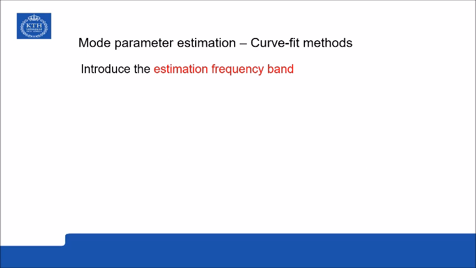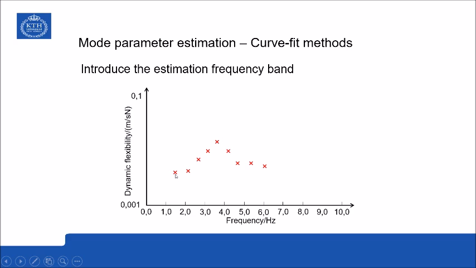In order to find out what we mean by this, we have to introduce an estimation frequency band. The red crosses here show our measured data, actually the measured absolute value, the magnitude of the dynamic flexibility versus frequency. From this peak here, we suspect that we have a resonance peak, so that we will find a mode in this frequency range.